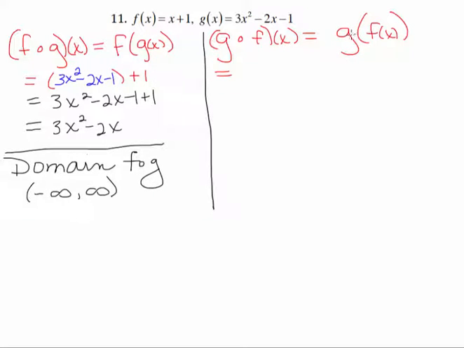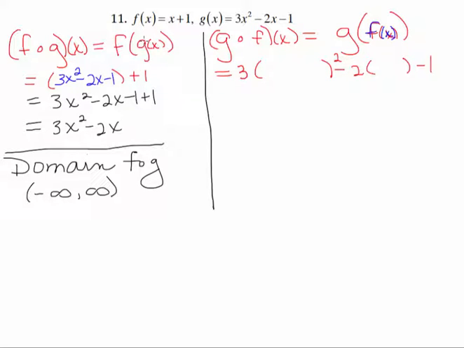So I'm going to get g ready to substitute into. My g function is 3x squared minus 2x minus 1. And then inside our g function, we are going to be substituting in f of x.